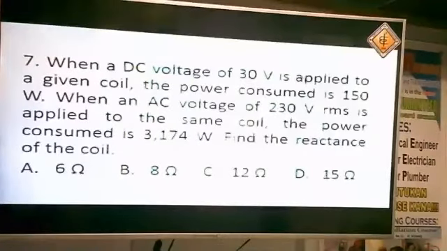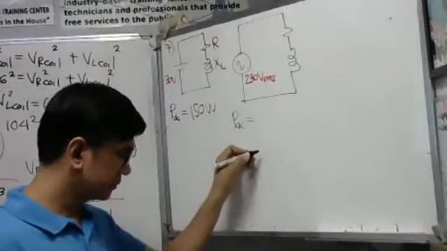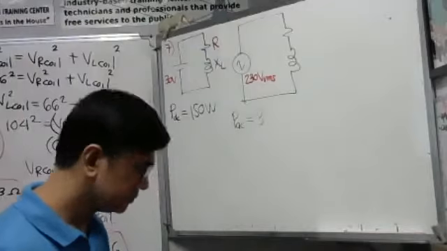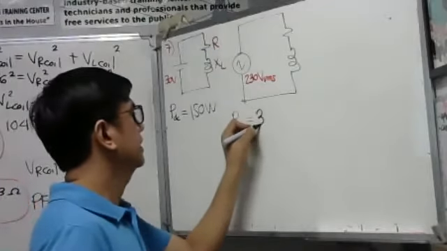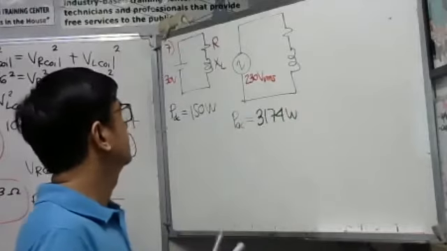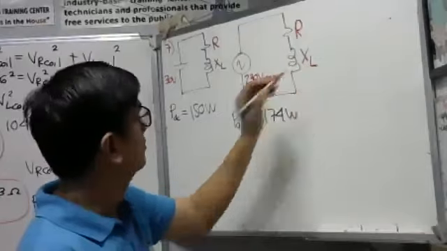Okay, so we have here power in AC, so we have 3174 watts. Well, of course, still our R and our X sub L.